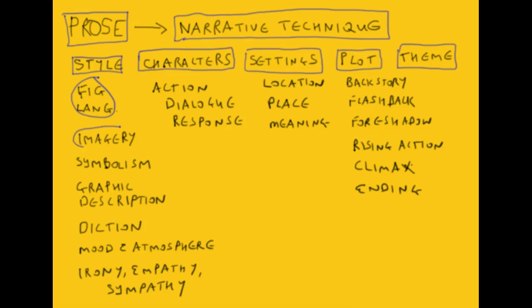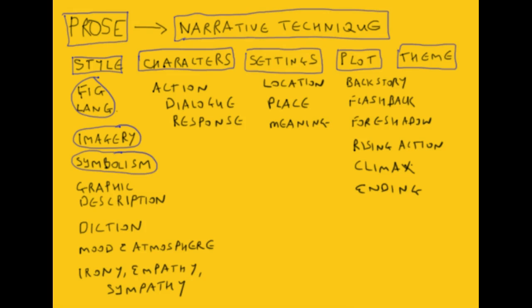Next, we can think about the imagery which is used in the passage of prose. Imagery is to do with the senses, so all of those things which refer to what you see, what you hear, what you smell, what you touch. That is in slight contrast to symbolism.